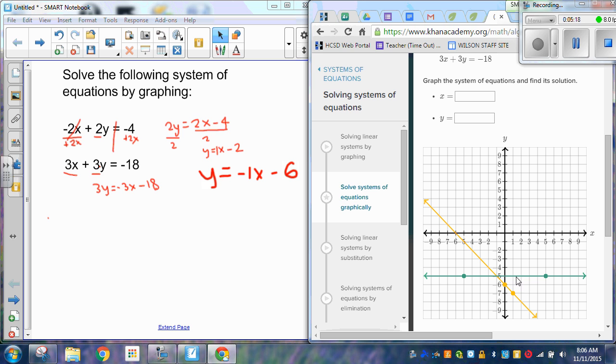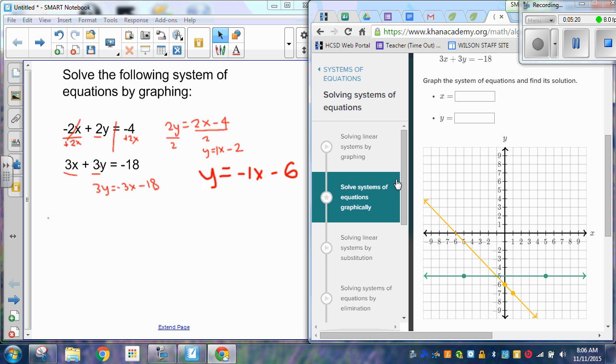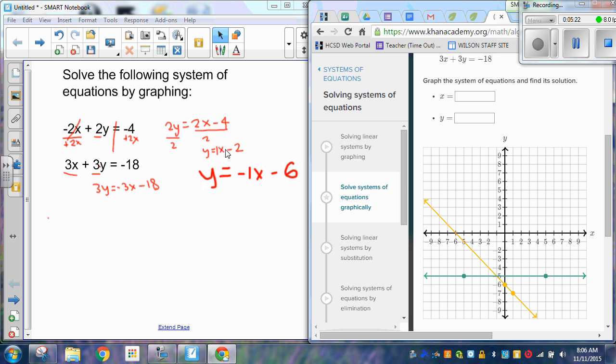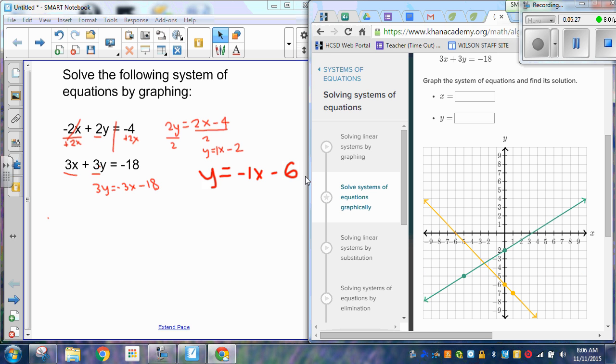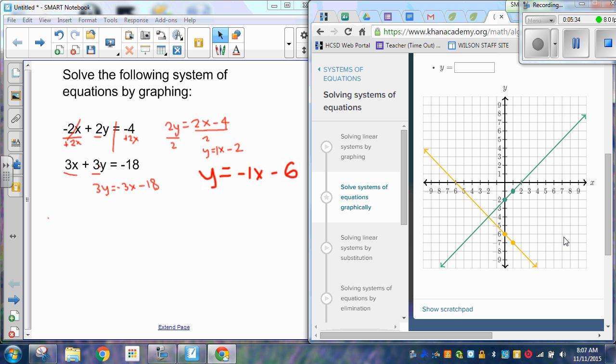I should go right 1. That will give me a negative slope. Now for the second equation, really the first one, the y-intercept was negative 2. And the slope is 1, which means I go up 1 and over 1, which means I should have it right there.